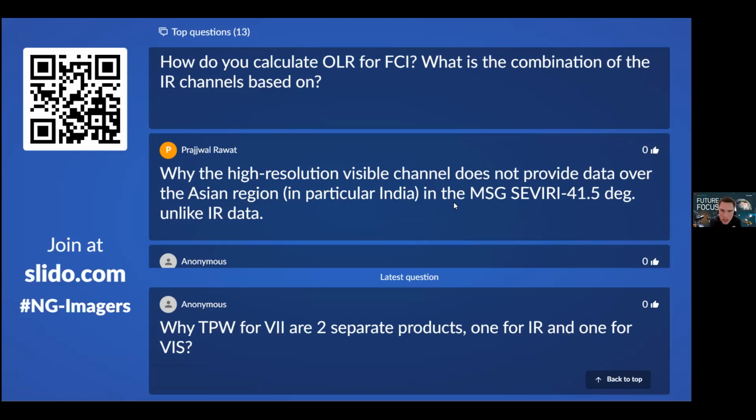What I present is only FCI, and so far we only focus on the 0 degree operations, so not covering the Asian region and India. So I cannot really comment now on 41.5 for FCI. I think we can try to get some information later and come back.